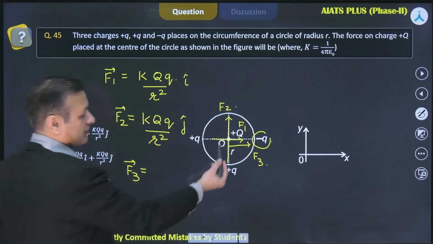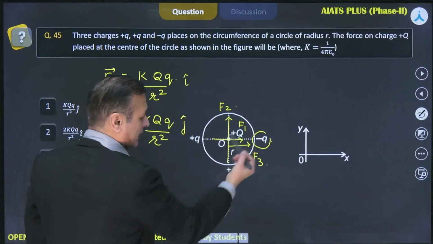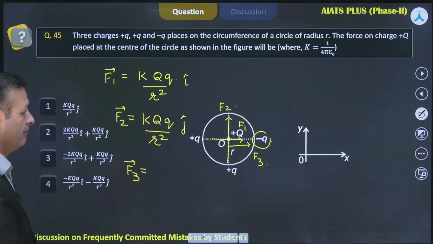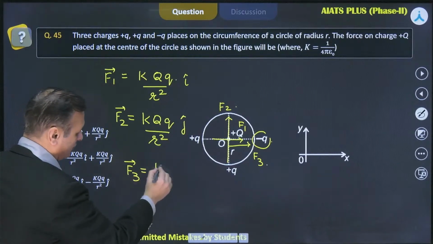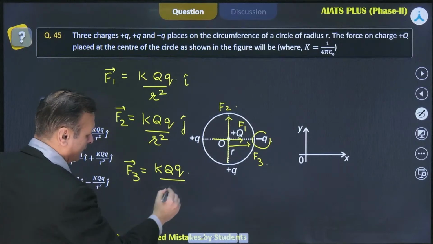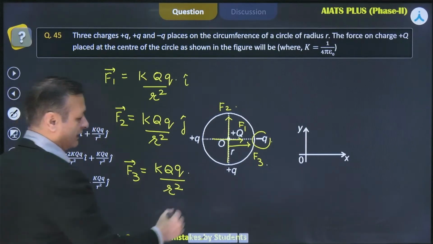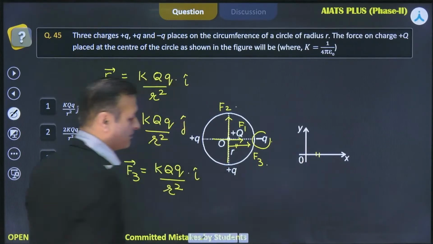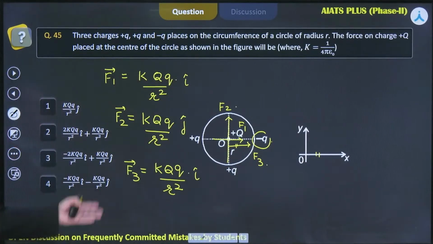This is between the pair plus q and minus q, and the direction of F3 is because of the negative nature of minus q. So F3 in magnitude is kq by r square, and this is also along the x-axis if you look at this. So what is the resultant force?